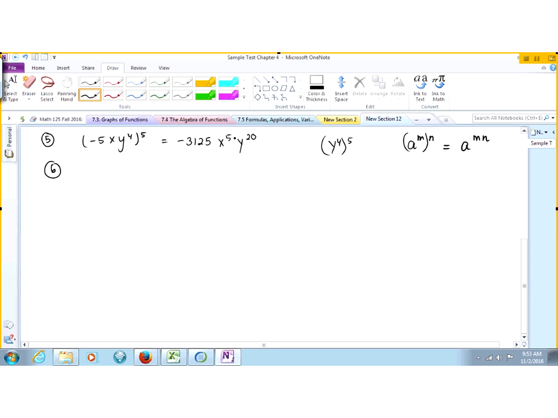Now you are raising the number, negative 5, to the 5th power, right? But the exponent, we multiply. You raise the number, but the exponent we multiply. Does that answer your question? So you have to distribute it to all. Yes.